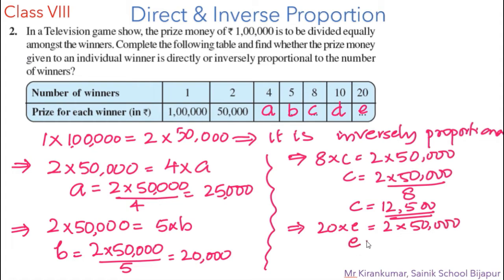So we can calculate E. E will be 2 times 50,000 divided by 20. We get it as 5,000. So A value is 25,000, B value is 20,000, C value is 12,500, and E value is 5,000.